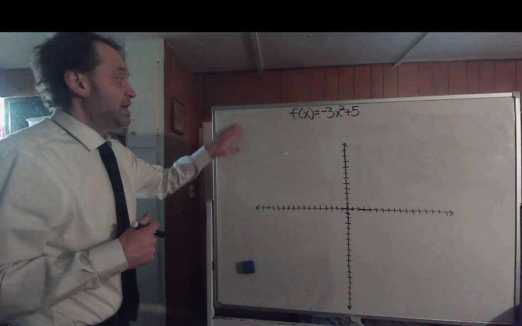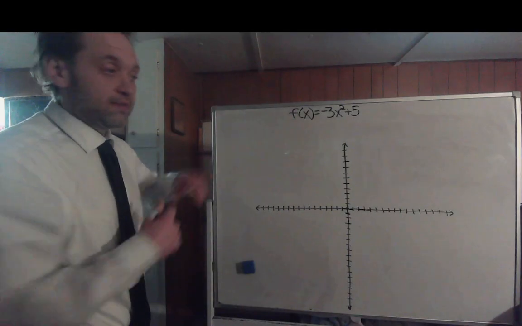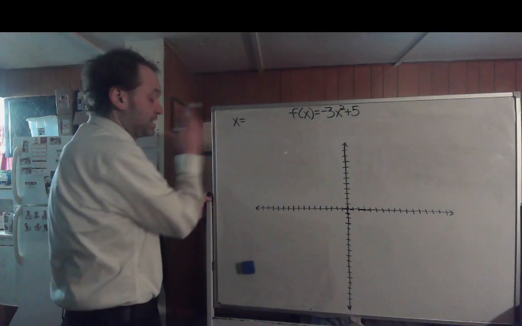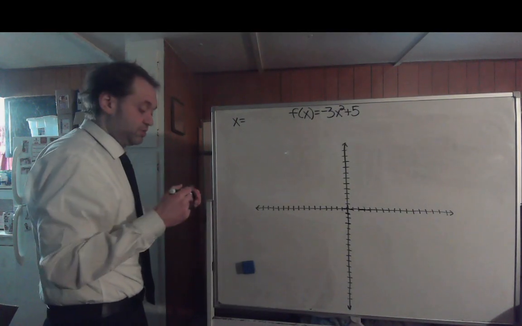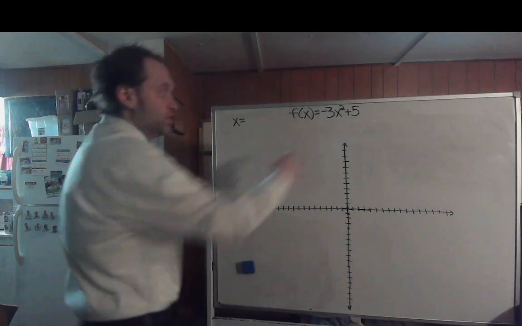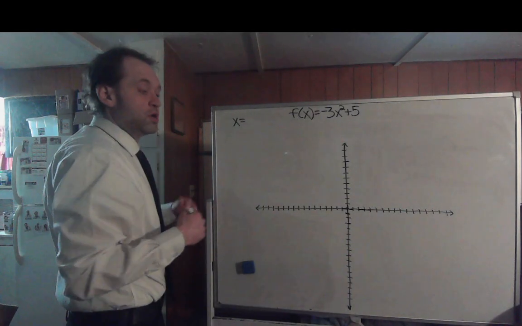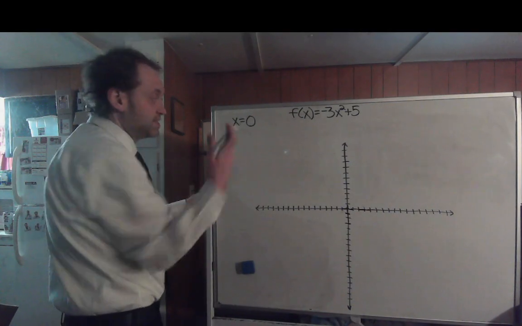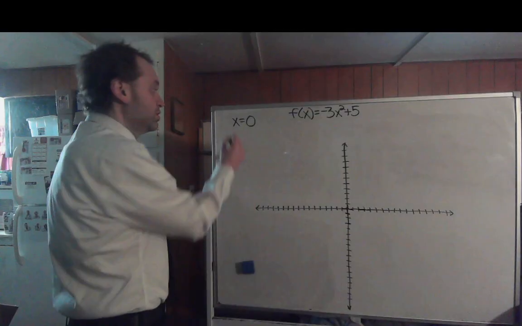Now, since we've ascertained that, let's find the vertex. So that means x equals negative b over 2a. Notice you have no x to the first term, which would give you 0. So right away x equals 0, because 0 divided by anything is 0.